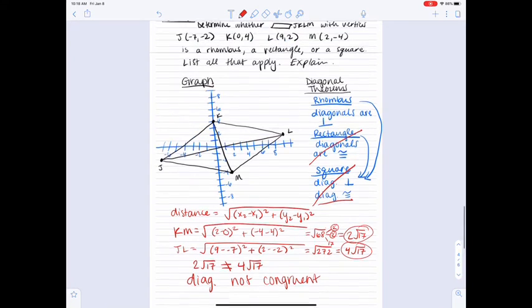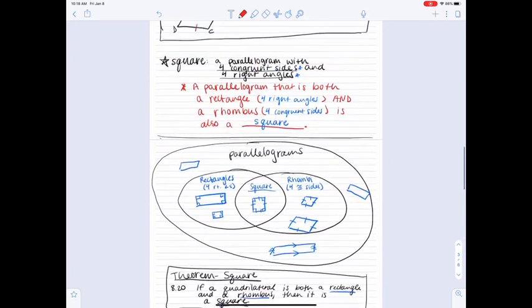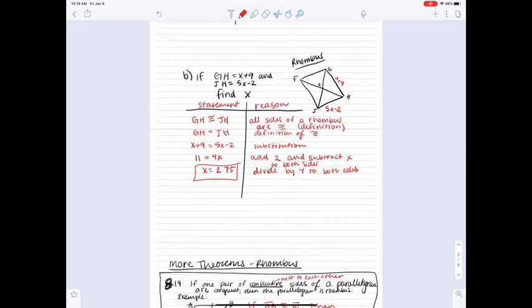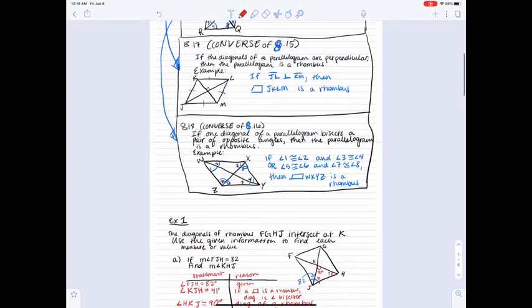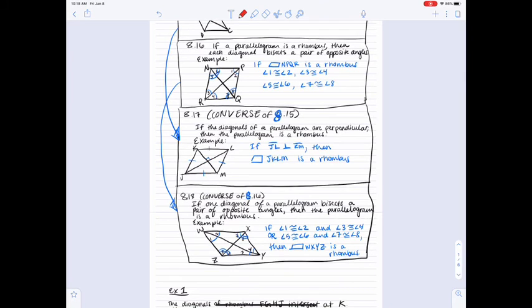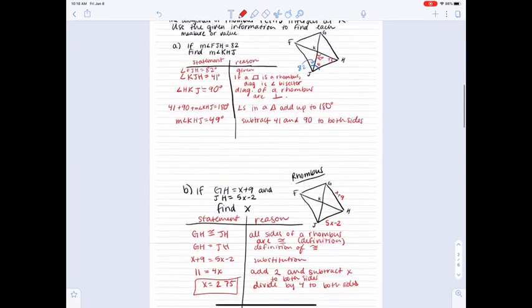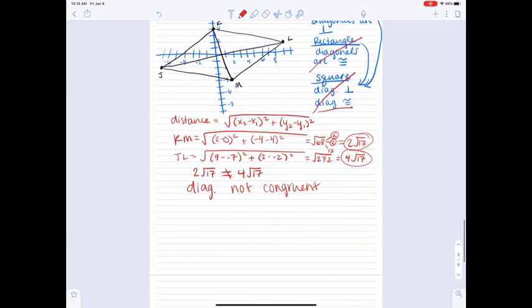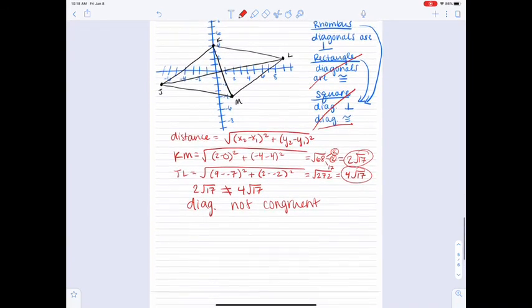And remember our theorem up here, let me go find it, right here, 8.17: if the diagonals of a parallelogram are perpendicular, then the parallelogram is a rhombus. So all we need is to show that those two diagonals are perpendicular to each other to prove that it's a rhombus.